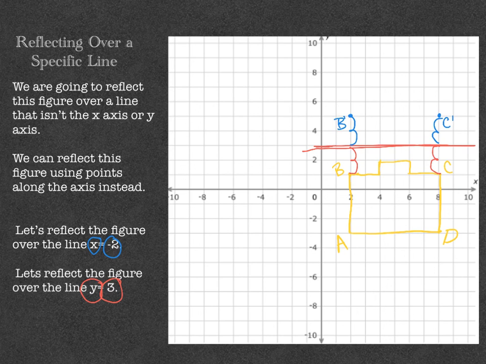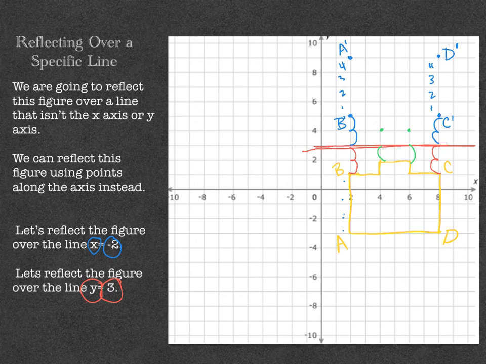Between B and A, we have 1, 2, 3, 4. So we go 1, 2, 3, 4. There's our A copy, and then we know it's also going to be 4 over here. 1, 2, 3, 4 for our D copy. Now, we have to do this little jutty-outy thing I drew here, which is only 1 away.